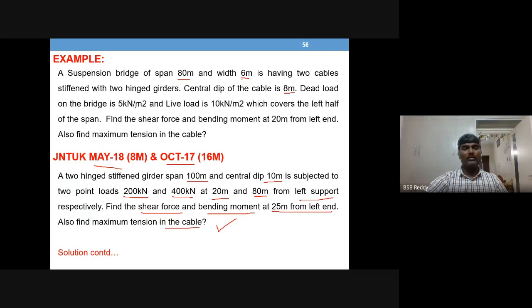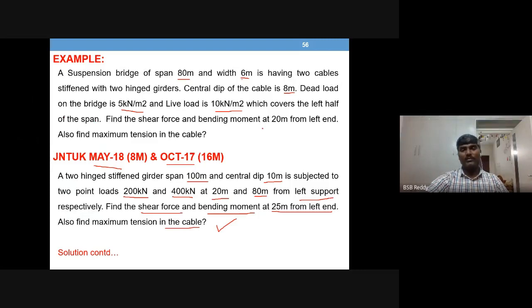Dead load 5 kilonewton per meter square, live load 10 kilonewton per meter square, which covers the left half of the span. So dead load is for full span because the carriageway will be of full span. And 10 is only for left half span.